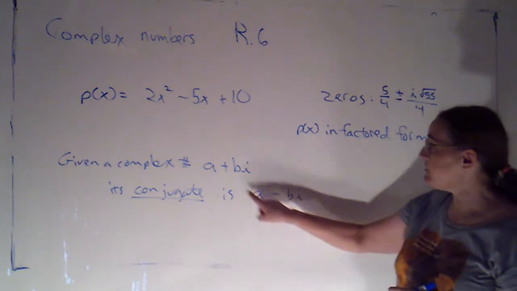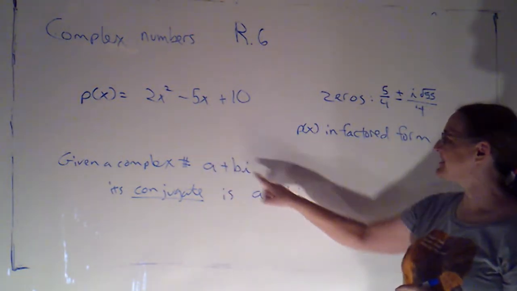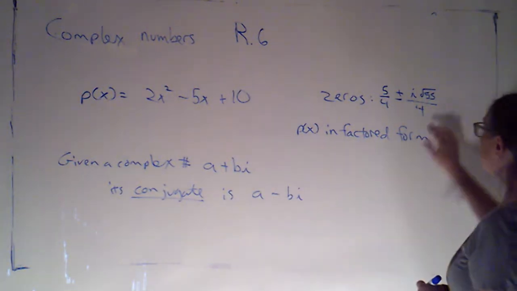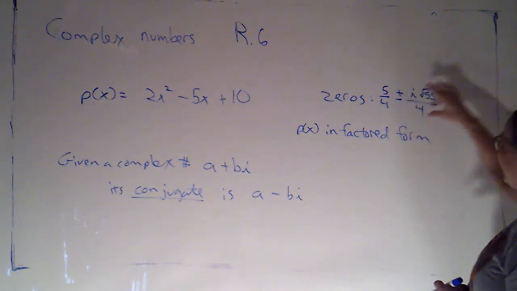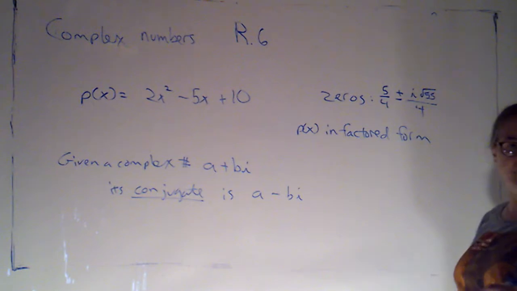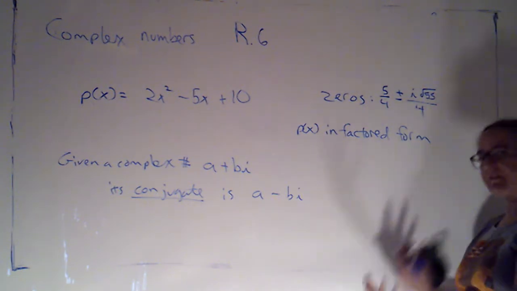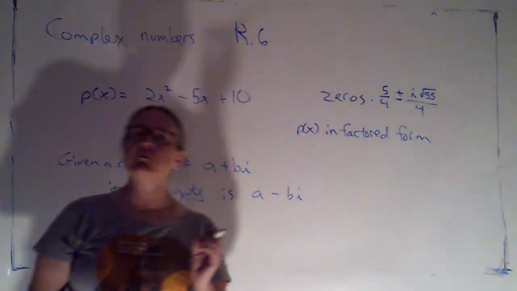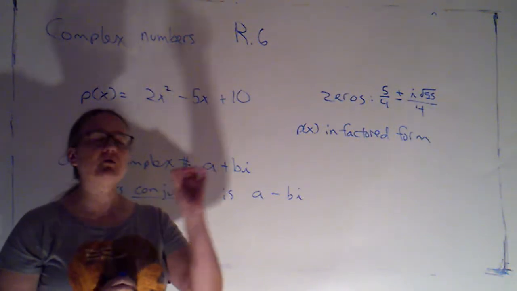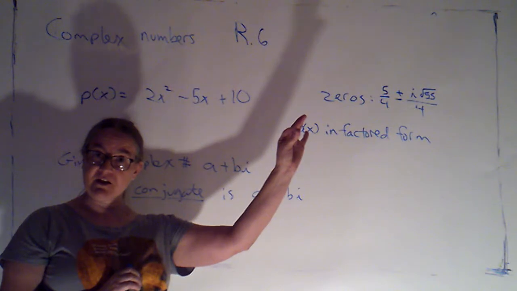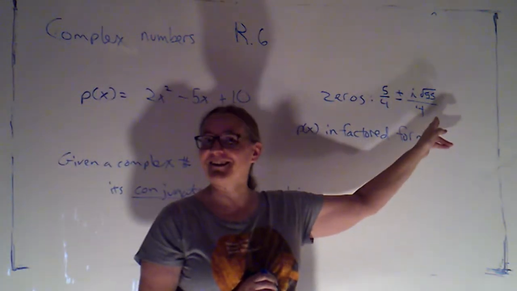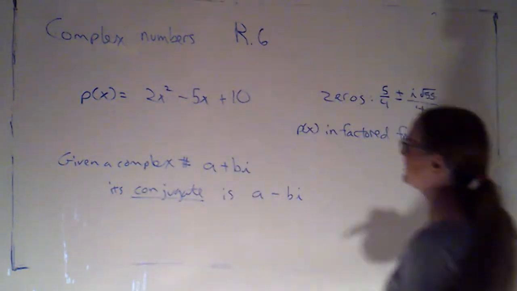Same real part, exactly the opposite imaginary part. We call that the conjugate. So when you've got this plus or minus something here, this is a pair of complex conjugates. And we'll see in the next section that if I'm working with a polynomial with real coefficients in the original polynomial, when I find the zeros, if they're complex, they will come in pairs like this. Okay, that's kind of nice.